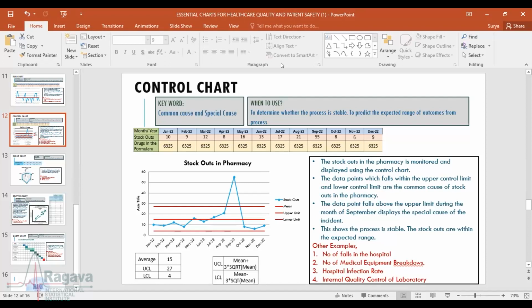What is the formula for UCL? Mean plus 3 square root of mean. From where did you get this formula? Actually the formula is mean plus 3 standard deviation, correct?